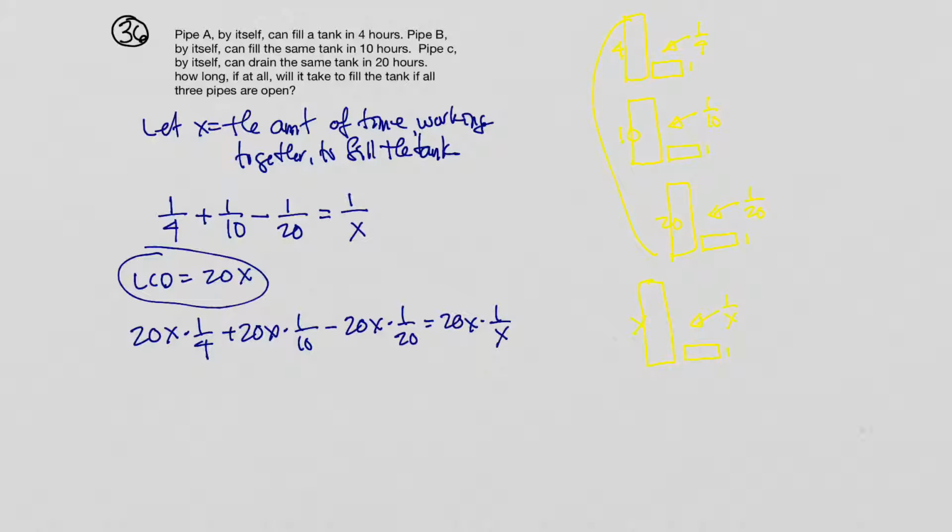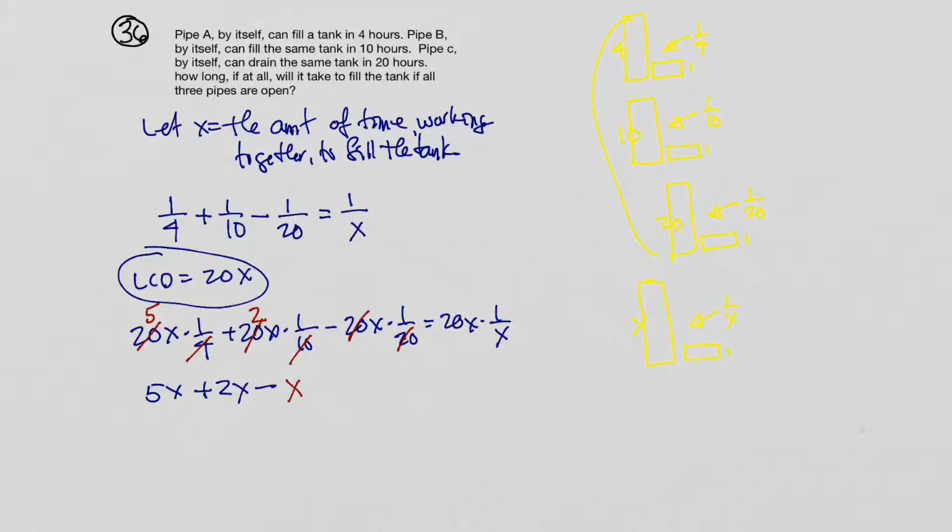And now all these denominators should cancel. So what happens in this first term? The 4 goes into the 20 5 times, and we are left with 5x times 1, 5x, plus, now in the second term, 10 will go into 20 twice, and we are left with 2x times 1, 2x, minus, now in the third term, the 20s are going to cancel. 20 into 20 is 1, and we're left with 1 times x, which is just x.